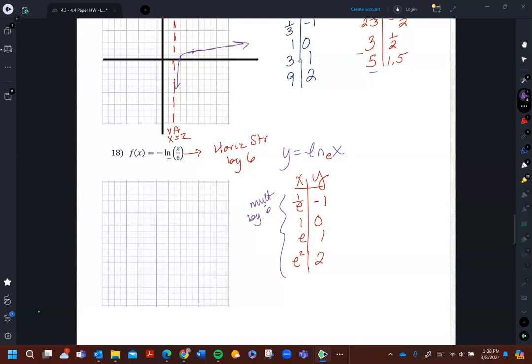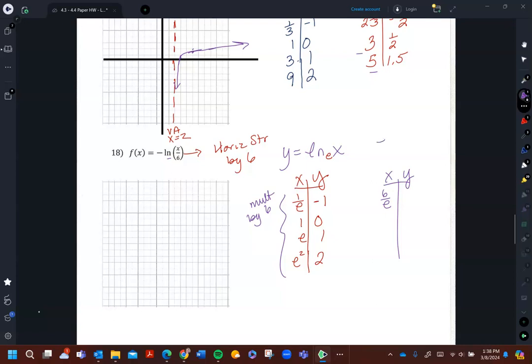And you can just calculate them on a calculator. Just over here, you'll see you would have 6 over e. Just crunch the numbers. There's an e key. And use that to judge where it is. You don't have to necessarily do it out exactly.